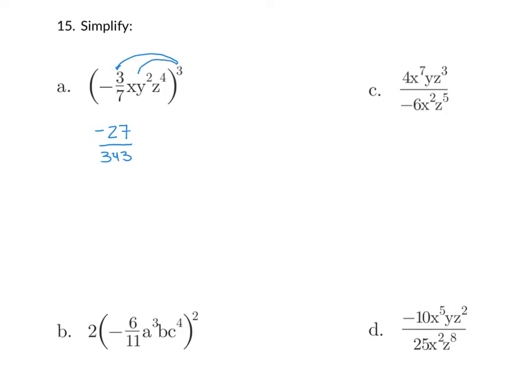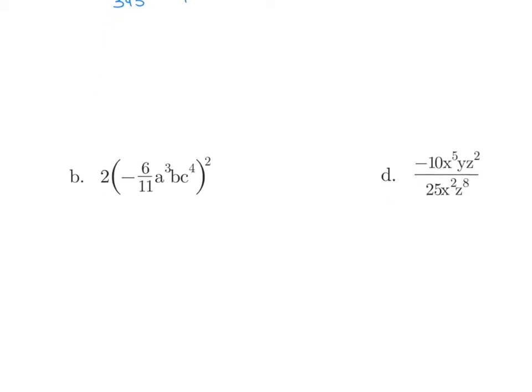If we cube x, we get x cubed. If we cube y squared, we get y to the 2 times 3, or 6. And if we cube z to the 4th, we get z to the 4 times 3, or 12. All right, we're done with that one.